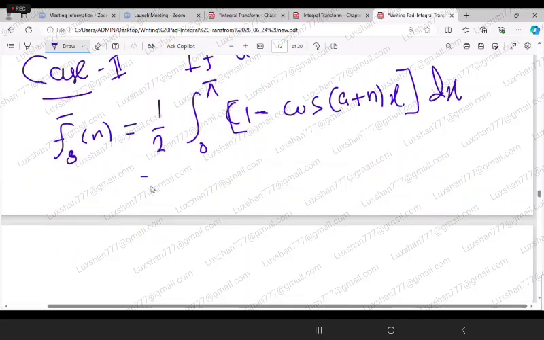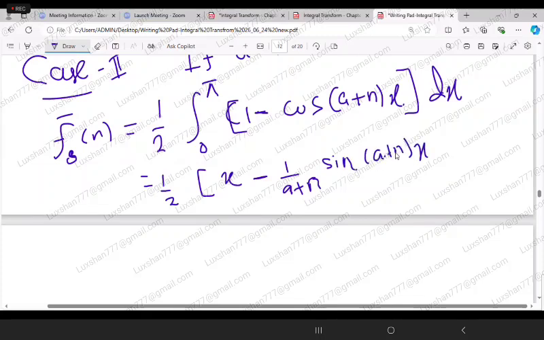If you integrate this one, half times x minus 1 over a plus n times sine of (a plus n) x, from 0 to pi. Now if you substitute the values, this part becomes 0 because sine pi is 0 and sine 0 is 0.